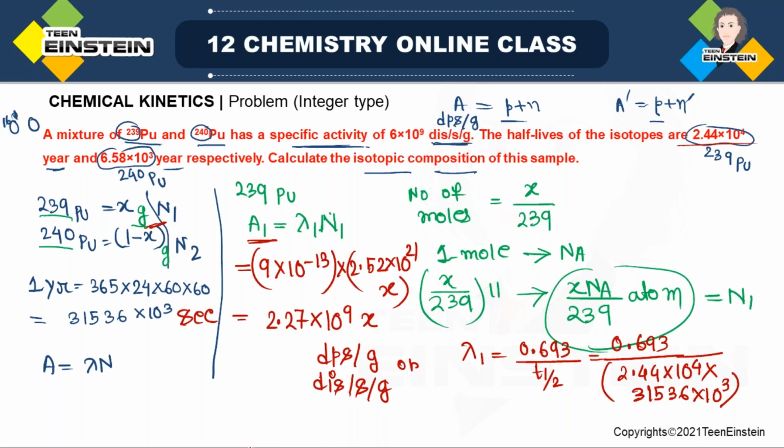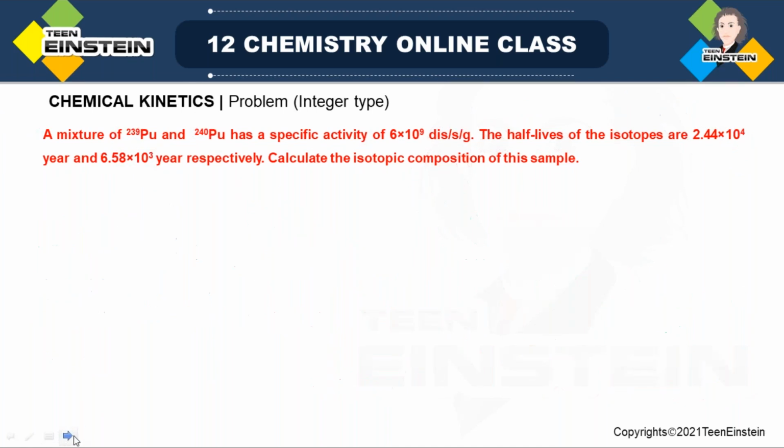So just like for 239 Pu we have calculated the specific activity, we will do the same for 240 Pu. But the equation will change. Now it will be A2 equals lambda 2 N2. So the same question, I am doing the second calculation on a new slide.